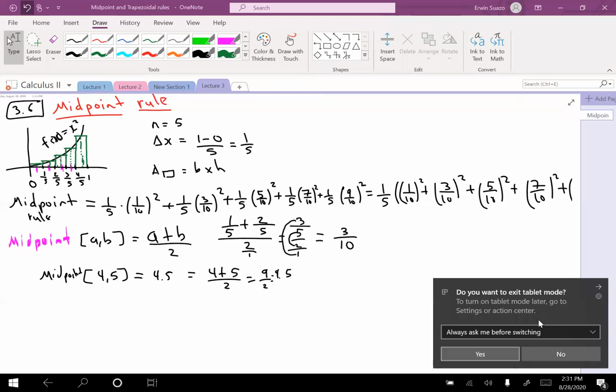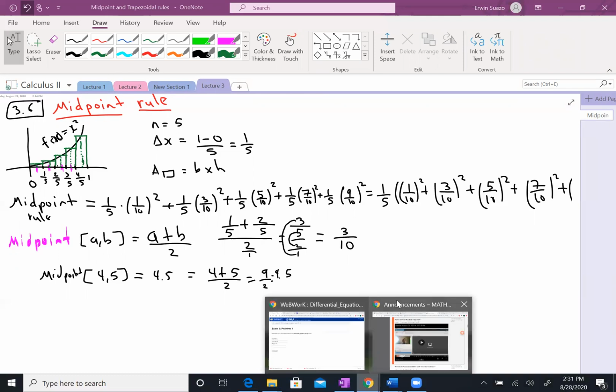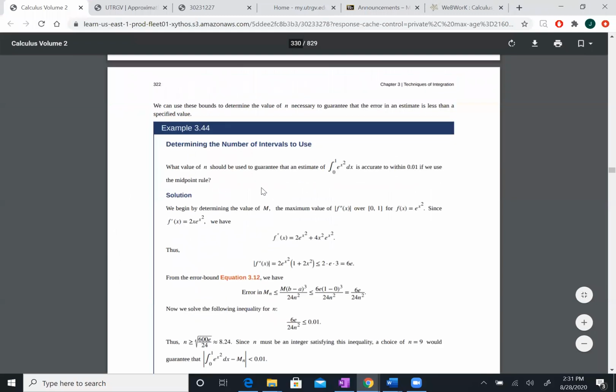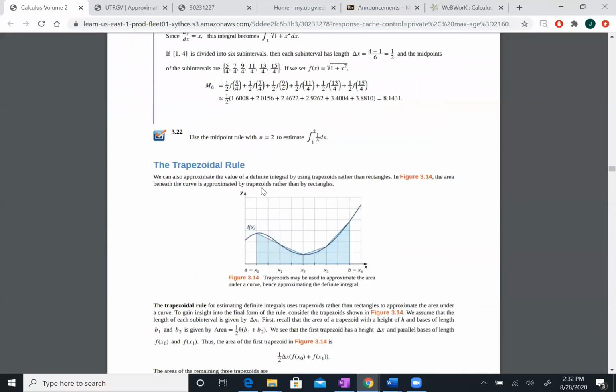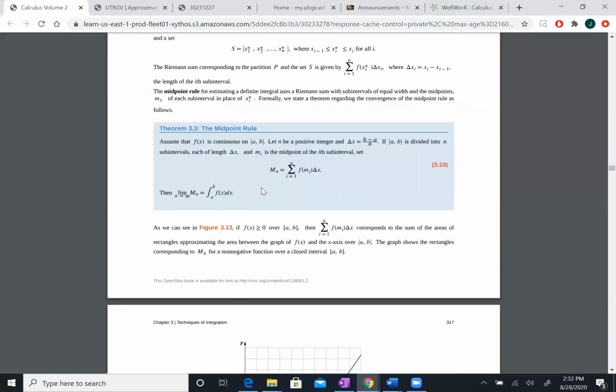So let me go to the book and let's compare with the book. What is the book doing? I'm gonna do the midpoint rule. And this is the midpoint rule.